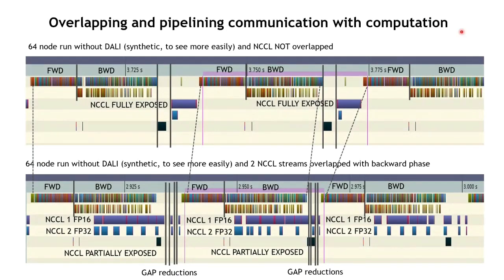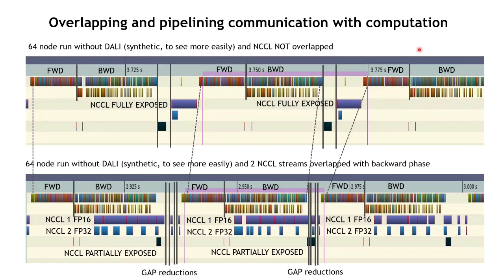In this final slide, we want to get into some of the details of the way we perform the overlap communication and the difference in the execution of the communication itself when done fully exposed versus overlapped with the backward stage. On the top diagram, we have the non-overlapped version.